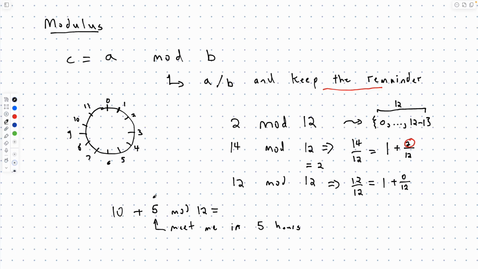So 10 plus 5 is 15, mod 12. And then if you divide it out, you'll see that you have 1 12 over 12, plus you have 3 left over, so it's going to equal 3. Questions about this?